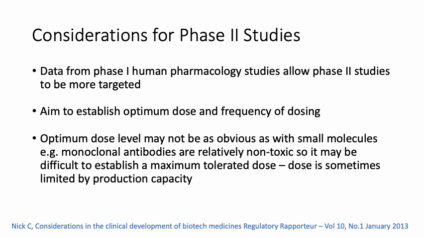The optimum dose level may not be as obvious as with small molecules, because biologicals such as monoclonal antibodies are relatively non-toxic, so it may be difficult to establish a maximum tolerated dose. Sometimes the level at which the efficacy or dose effect levels off is chosen, and sometimes the dose is limited by production capacity.